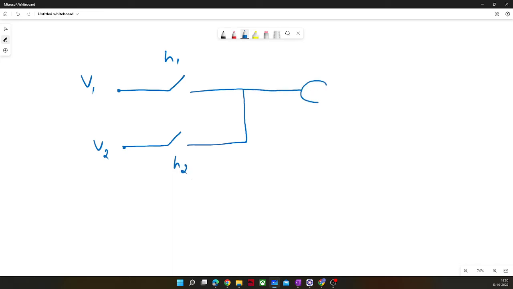And there is some inductive load with continuous current. And this is the node where we will find the value of output voltage. You know this circuit, I can guarantee you have seen this circuit, and I will also explain why I am saying that.